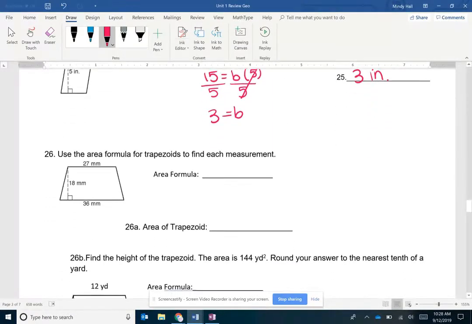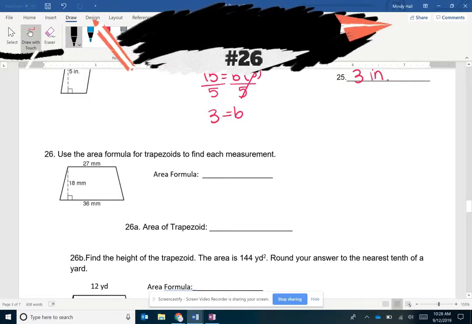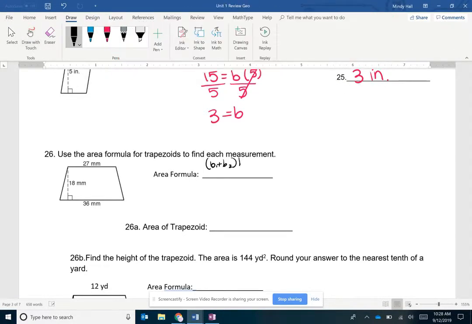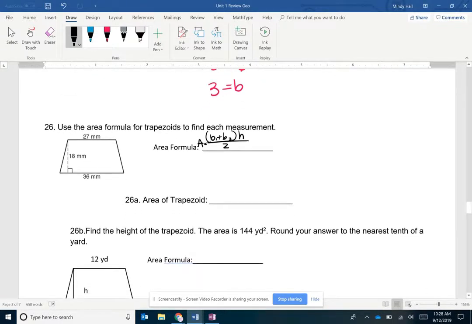So then trapezoids, they have a slightly longer formula, but it is your bases added together times your height divided by 2. So given that I have all of this information, we are going to find this area by plugging in what we know.